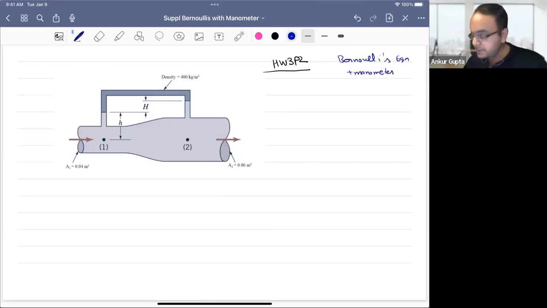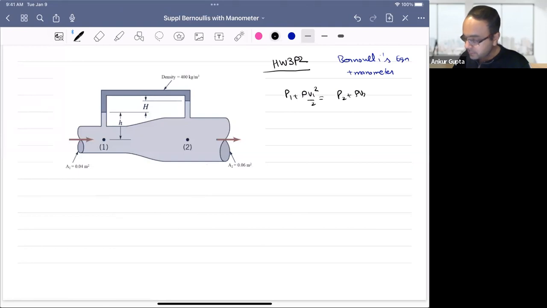So in this problem, it's very easy to understand that we'll have P1 plus rho V1 squared by 2 is equal to P2 plus rho V2 squared by 2. There is no height term because the height is the same in both the systems. And we also know that because areas are given, A1 V1 is equal to A2 V2.